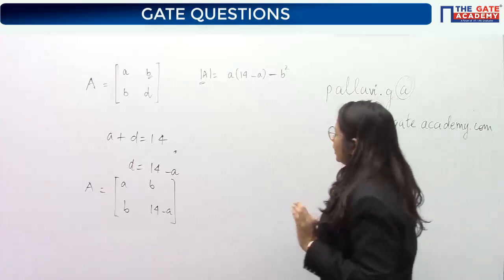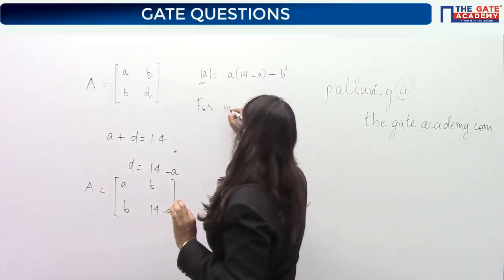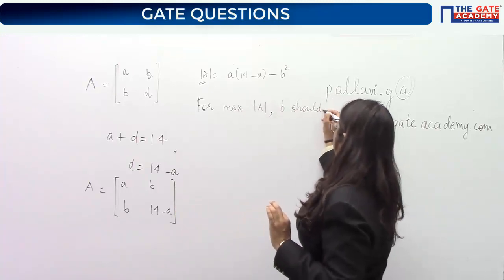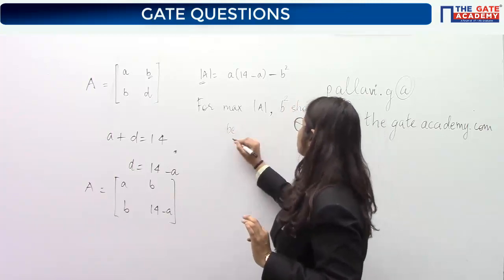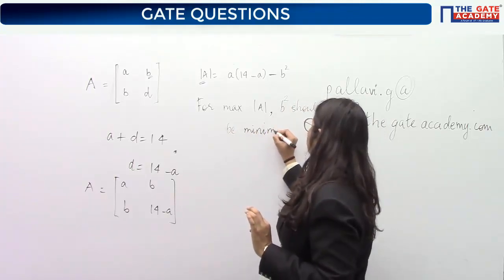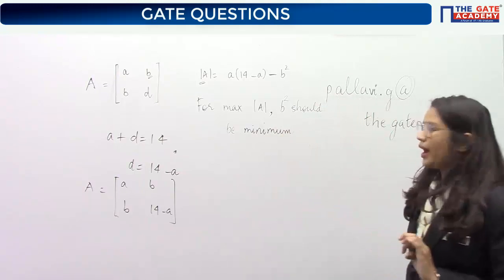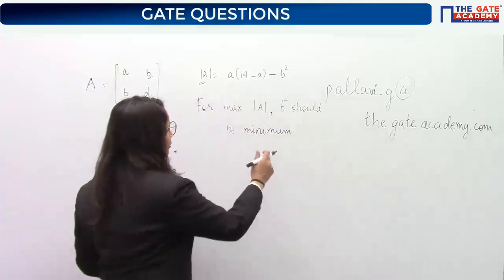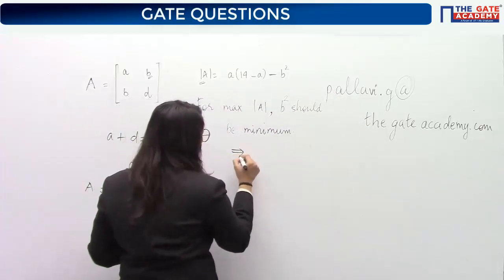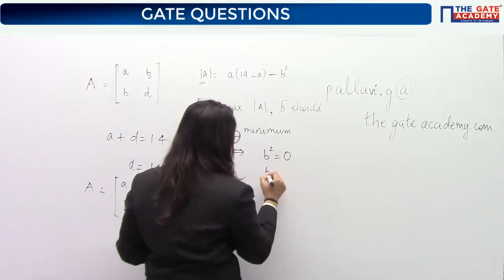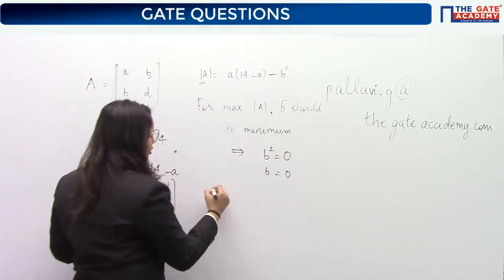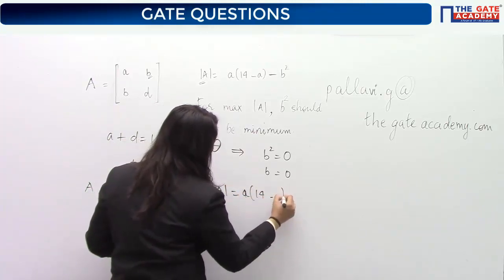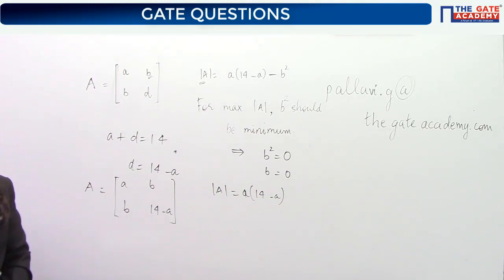Because it is a squared quantity, it cannot be negative; it will be either 0 or positive. So the minimum value of B square is 0, that means B is 0. So now the determinant turns out to be A times 14 minus A.